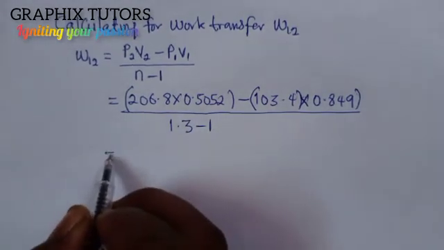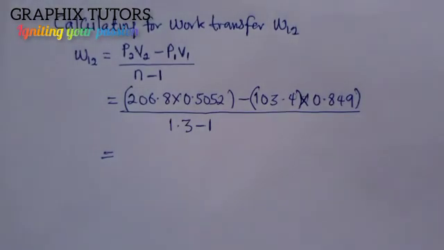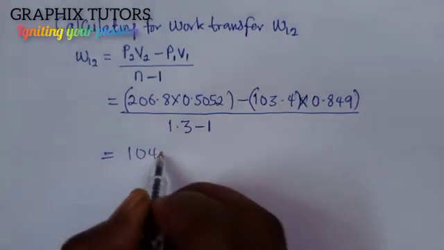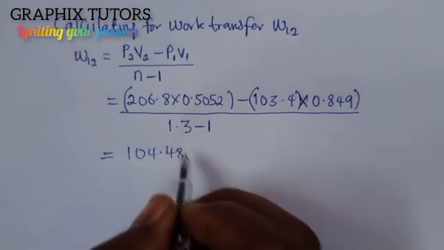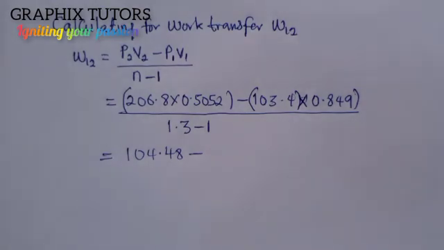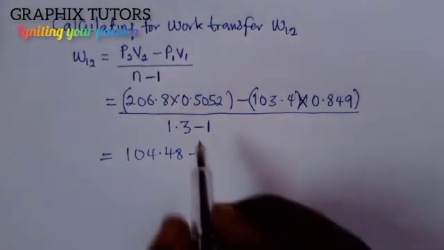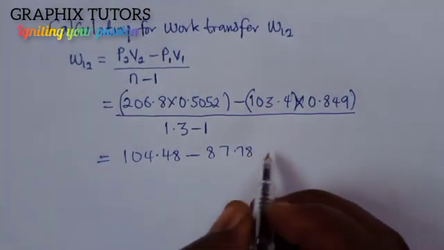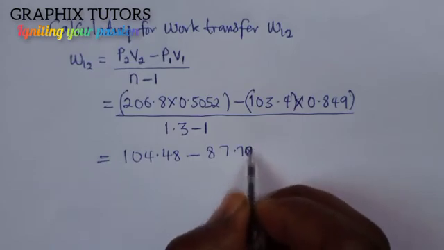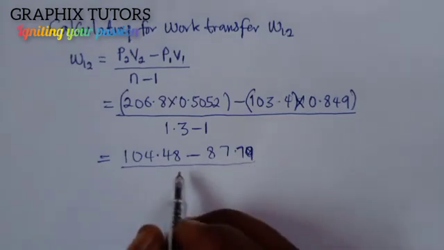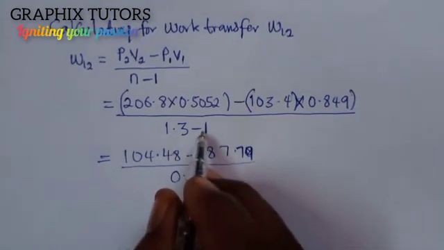So if you multiply 206.8 times 0.5052, that gives us 104.48, minus 103.4 times 0.849, which is 87.79. All divided by 0.3, because 1.3 minus 1 is 0.3.